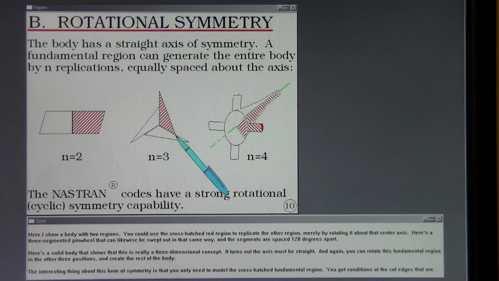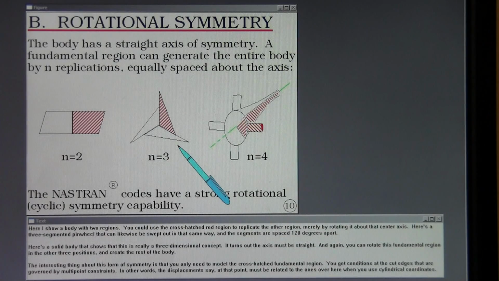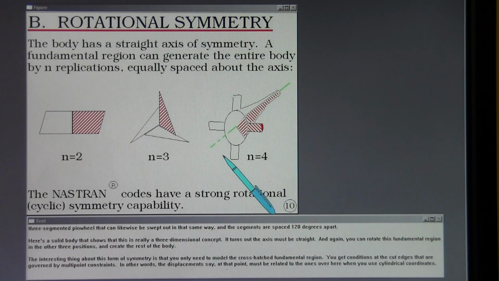Here's a three-segmented pinwheel that can likewise be swept out in that same way, and the segments are spaced 120 degrees apart. Here's a solid body that shows that this is really a three-dimensional concept. It turns out the axis must be straight, and again you can rotate this fundamental region in the other three positions and create the rest of the body.